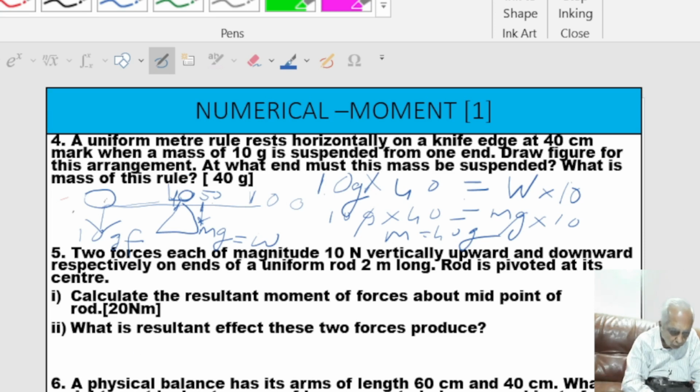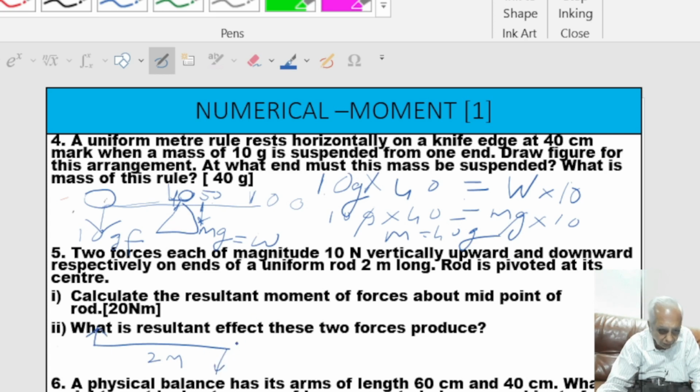Then we proceed to the next sum. Two forces, each of magnitude 10 Newton, are vertically upward and downward on the ends of a rod 2 meter long. One force is upward and one is downward, and both are 10 Newton. The rod is pivoted at its center, so this distance is 1 meter and this distance is also 1 meter.